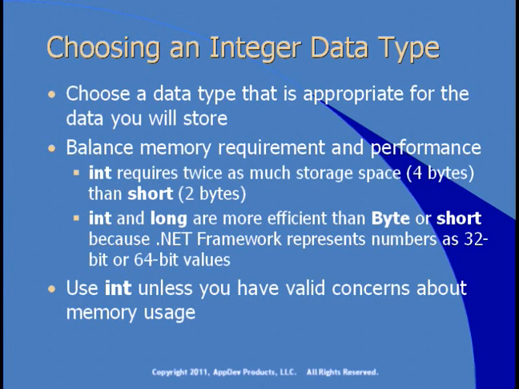If you're storing 10, 100, 1,000 numbers, go ahead and use integer even though it requires more storage space than short. On the other hand, if you're doing complex calculations and you're managing 1,000,000 numbers, then you might want to go with short instead of integer, because saving 2 bytes 1,000,000 times adds up.